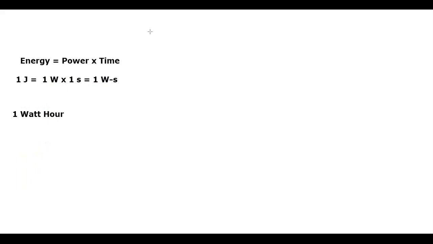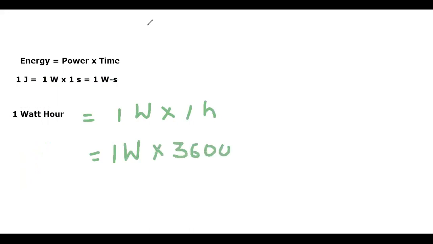So what is 1 watt hour? It can be written as 1 watt multiplied by 1 hour. It can be written as 1 watt into 3600 seconds. So it becomes 3600 watt multiplied by second. And watt into second is known as what?